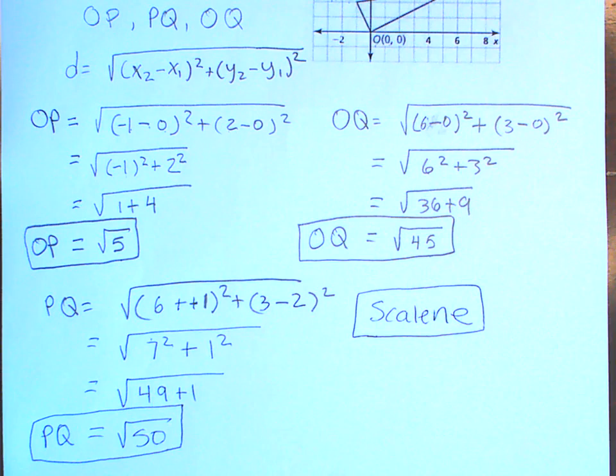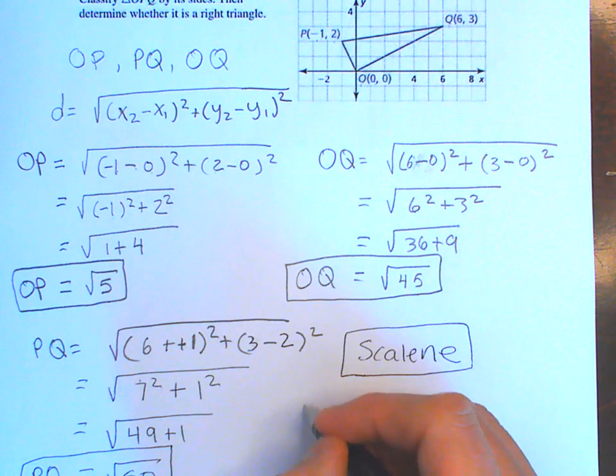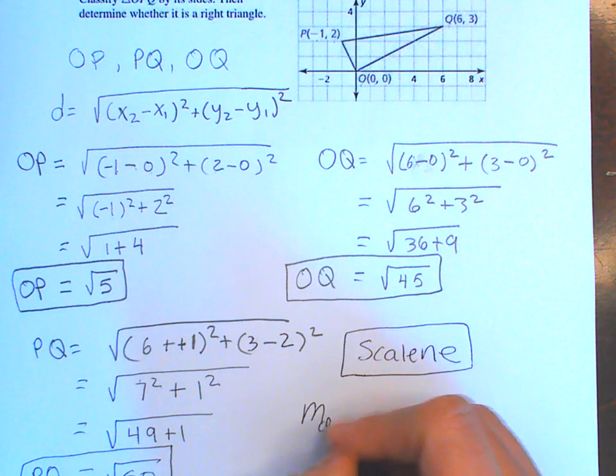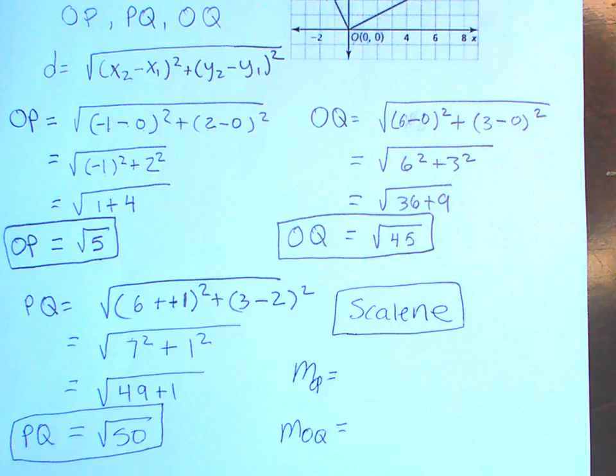There are different ways to do this, but the easiest way is by using the slope. So I would have to look for the slope of PO, OP, same thing, and the slope of OQ and see if their product is indeed going to be -1.